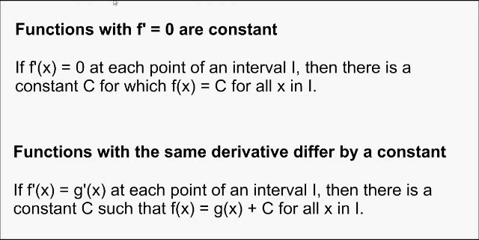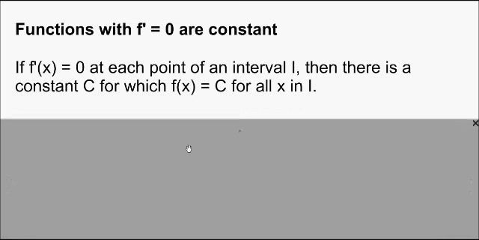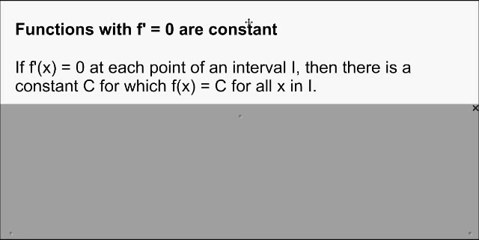As you can see, functions with f prime equals 0 are constant. We've been over this a few times. If I had f of x equals 7, my derivative is 0. 7 is a constant.